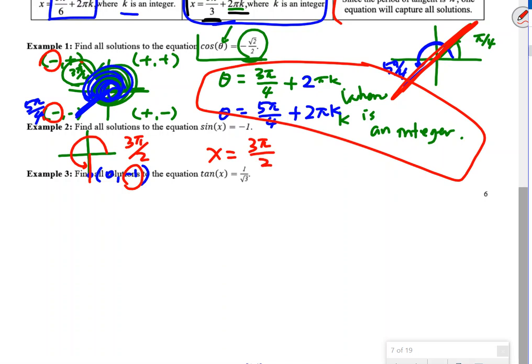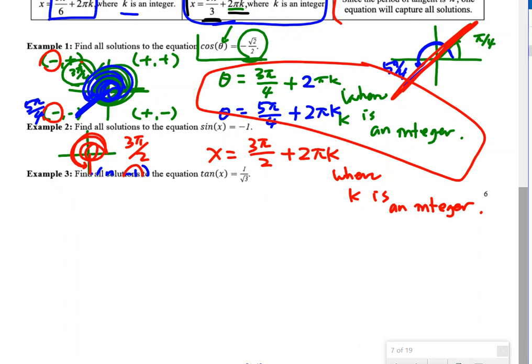But this is not the only answer. You may have multiple rotations and 3 pi over 2 more. So 3 pi over 2 plus 2 pi k, where k is an integer. This is the answer for example 2.